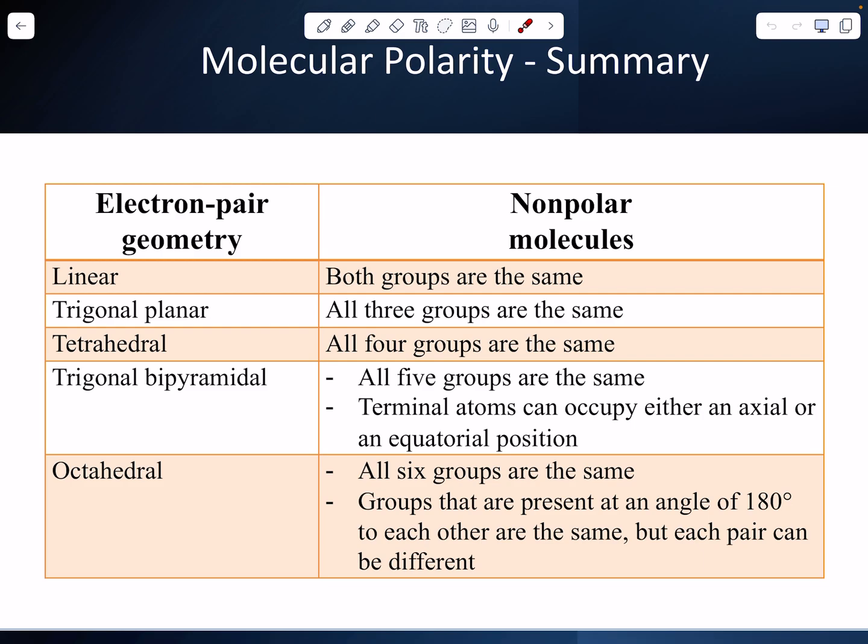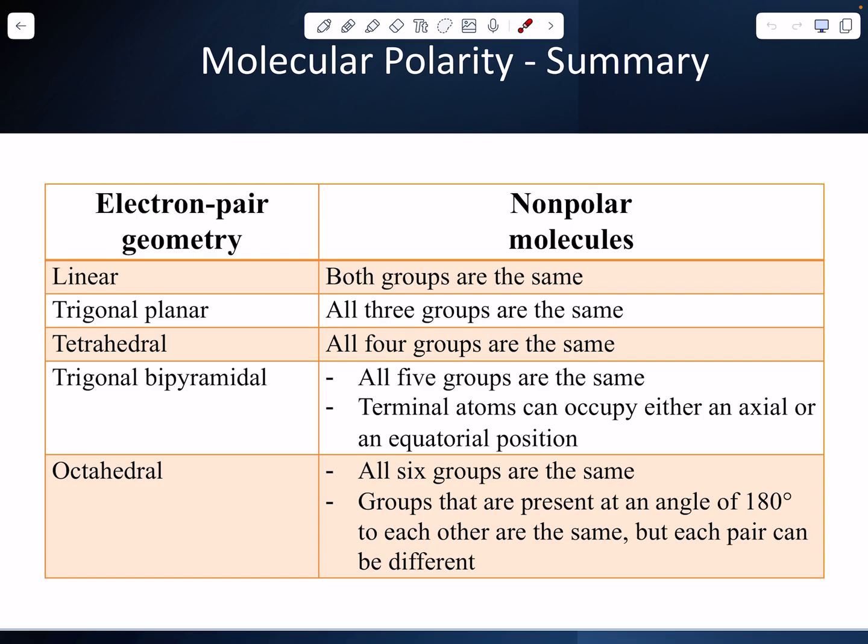So just to summarize this and to give you a big picture of the trends that you see, okay, when your electron pair geometry is linear, your molecule will be nonpolar if both groups are the same.